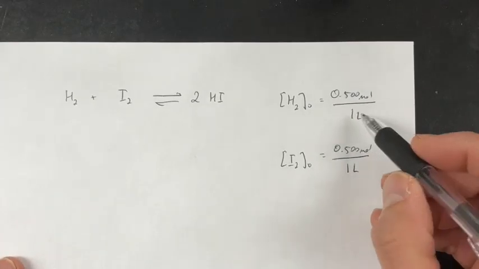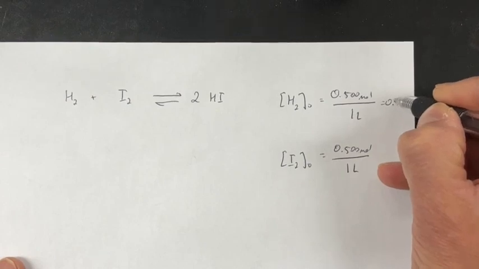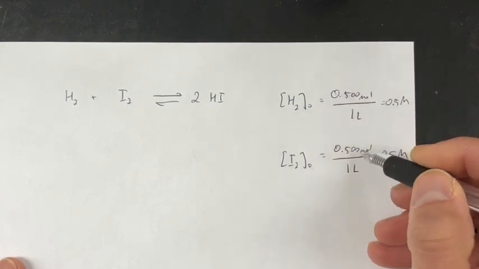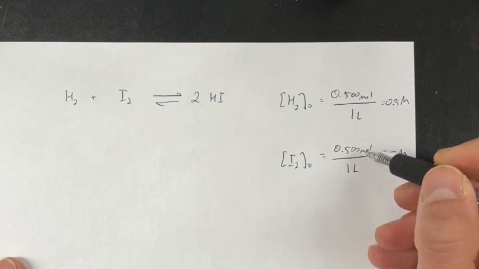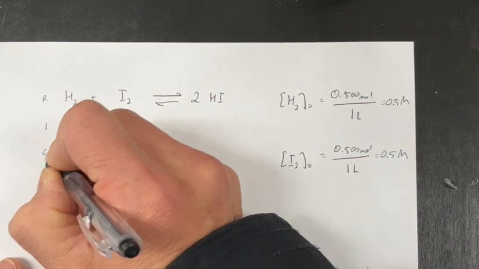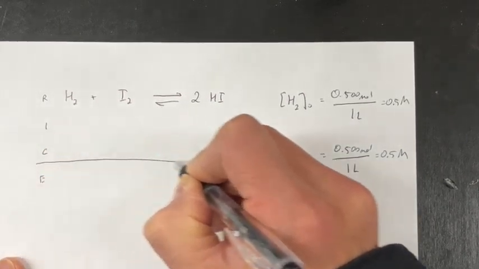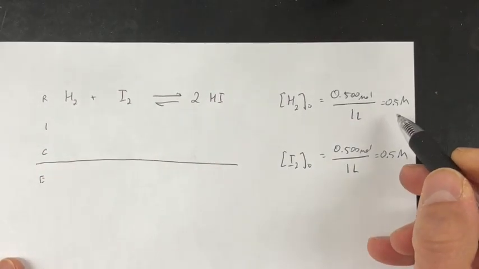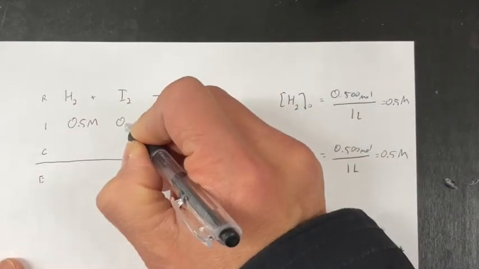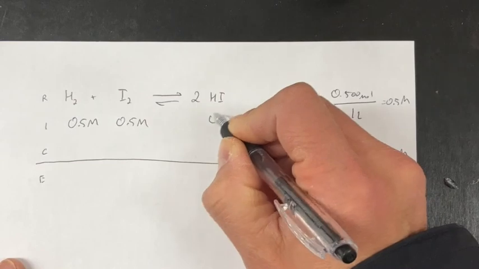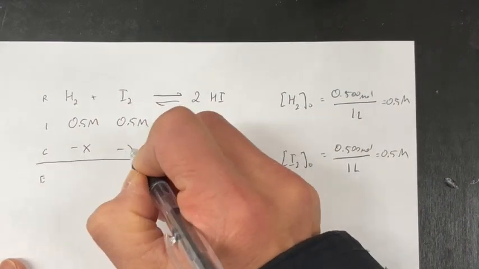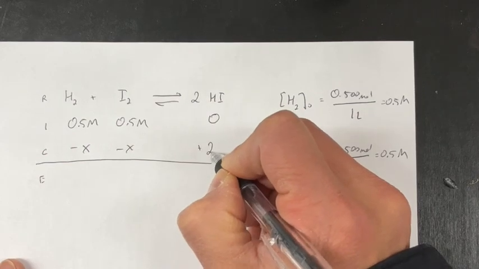I'm going to have my molarities. So 0.5 molar here, 0.5 molar here for H2 and I2 initial. So I set up my RICE chart. And I have 0.5 molar for my initial, 0. Going to go down by x, go up by 2x.